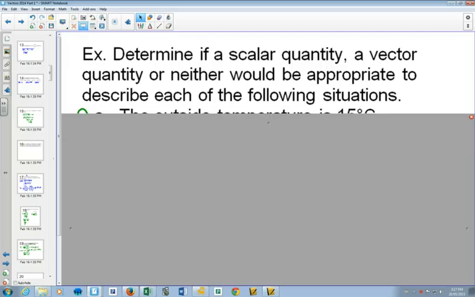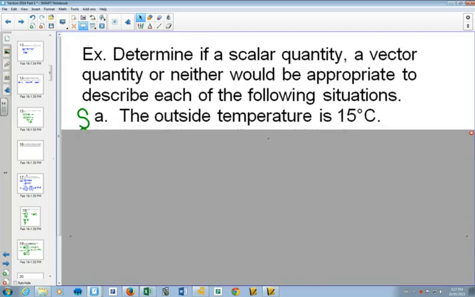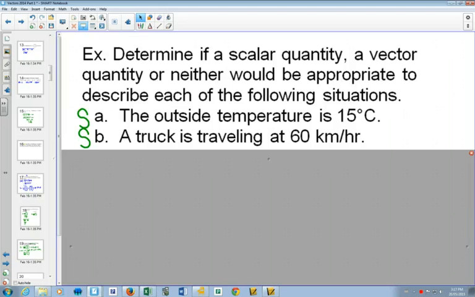First one, scalar. There is no direction to that temperature. What do you think for the second one? Scalar. We're not told which direction it's going, but if we knew which direction, then we would have a vector for this one.